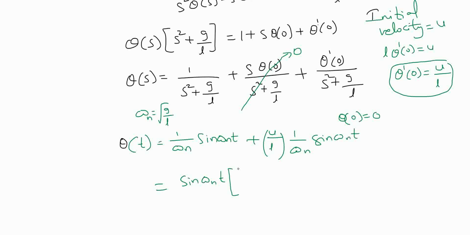This will be 1 by omega n, which is nothing but square root of L by g, plus u by L into square root of L by g, whatever it is, just calculate. In fact, I can take omega n also common, but whatever it is, you can simplify that. So this is the theta of t that we got.